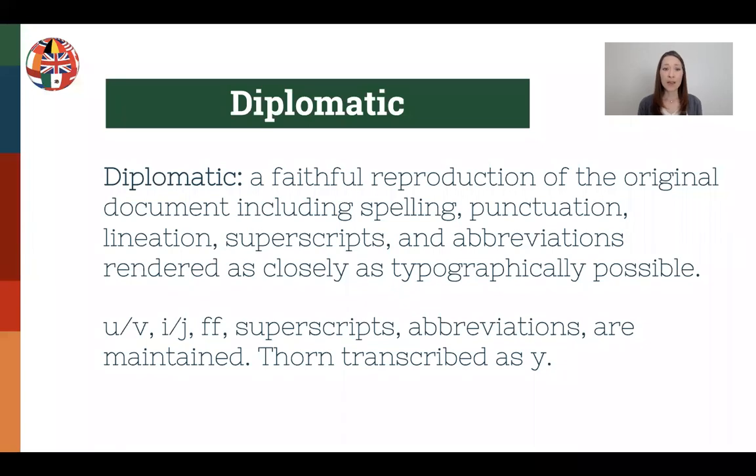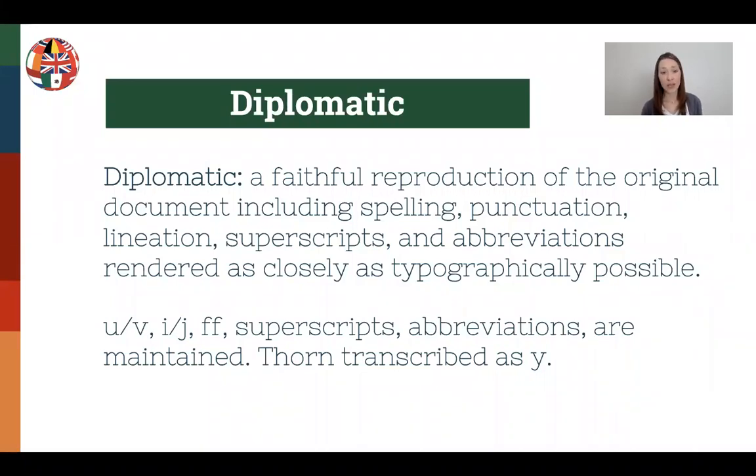The diplomatic convention is a faithful reproduction of the original document, including spelling, punctuation, lineation, superscripts, and abbreviations rendered as closely as typographically possible. So when you see a U or a V, you don't change it to seem more correct.